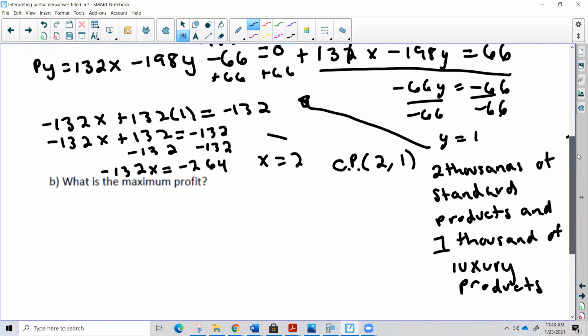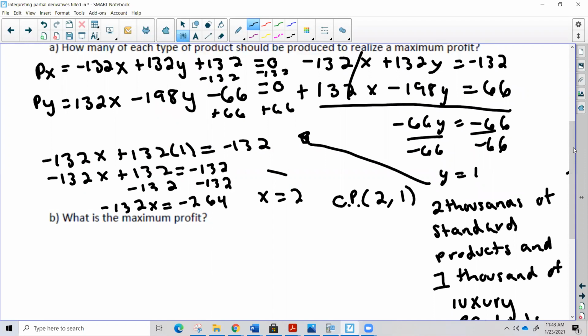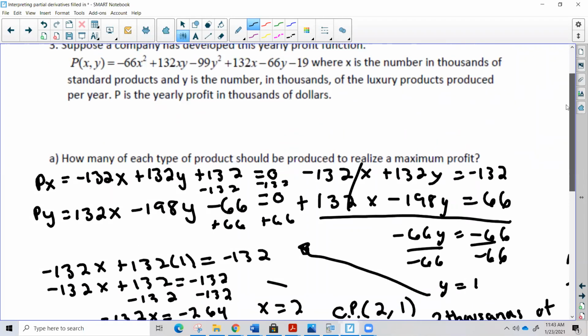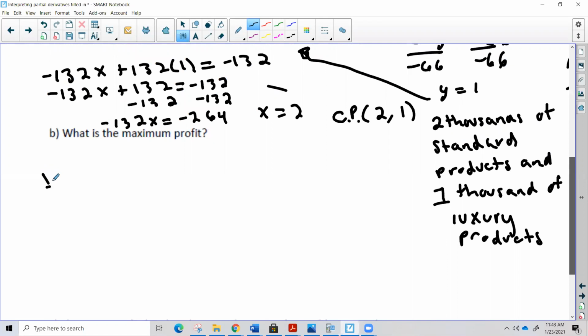So then it says, what is the maximum profit? So I'm going to plug in 2 for x, 1 for y into my original function. I just write my original function down here so we can see it.